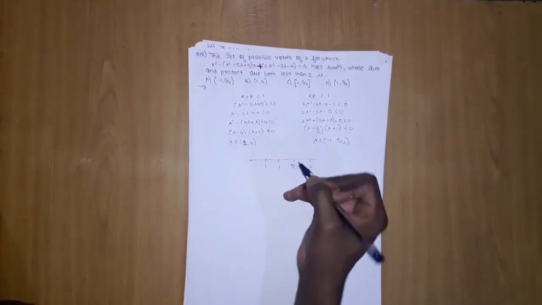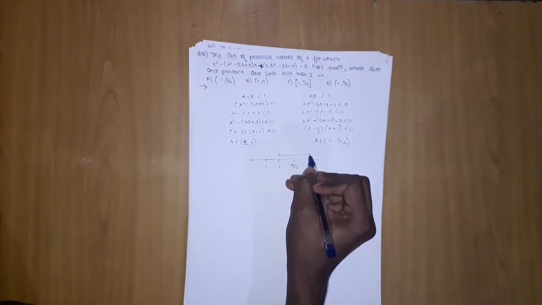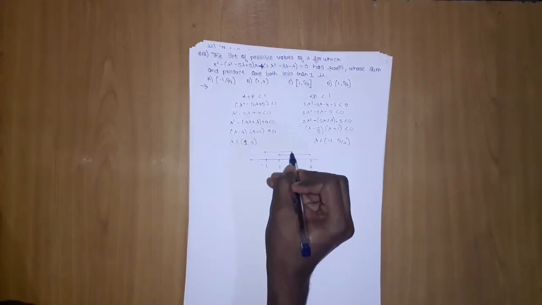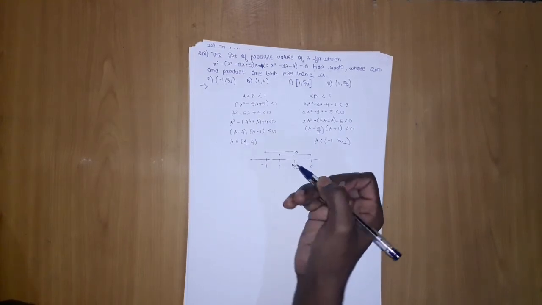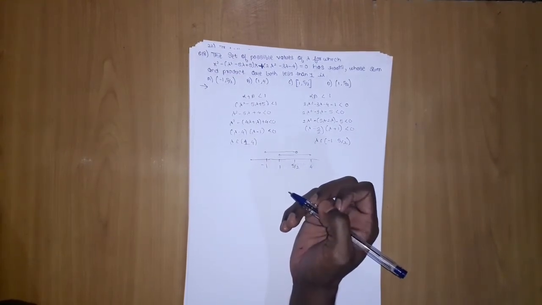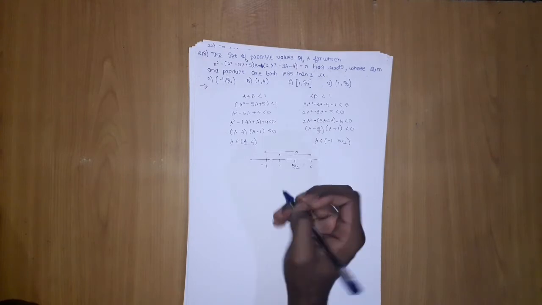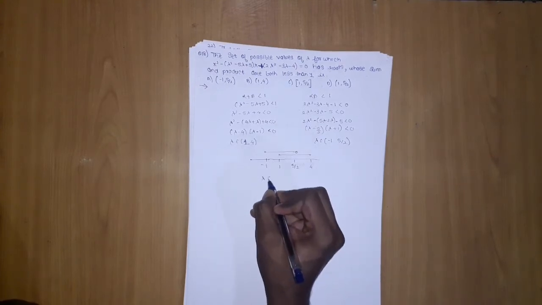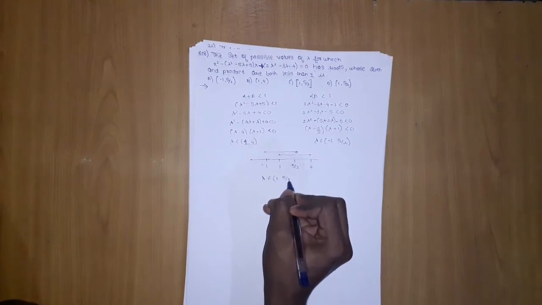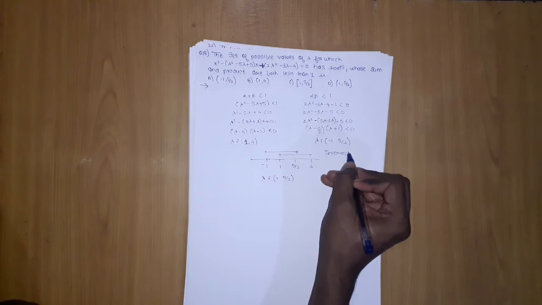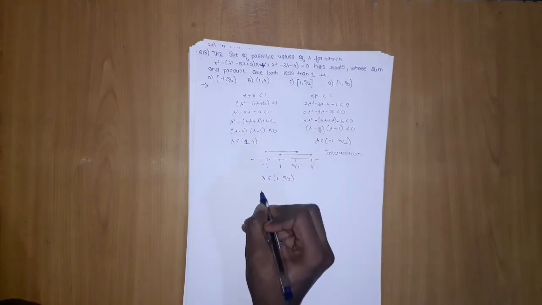It is telling it's from 1 to 4, and it is telling it is from minus 1 to 5 by 2. Now let's see which part is common. The part which is common is from 1 to 5 by 2, so lambda belongs to 1 to 5 by 2, the intersection. Okay guys, so D is the answer.